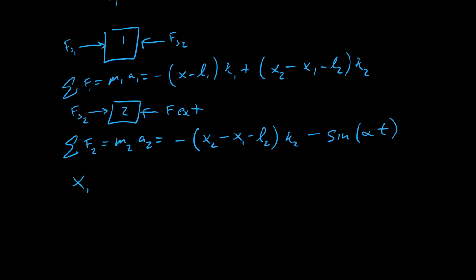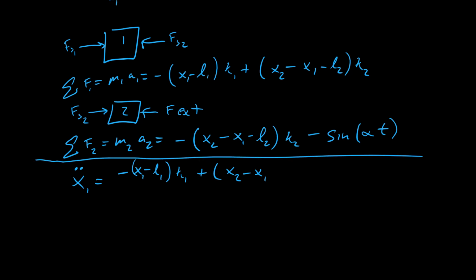So if we say x1 double prime, or in this class we've been using double dot notation, is equal to the same thing we have above, divided by the mass of that first body.